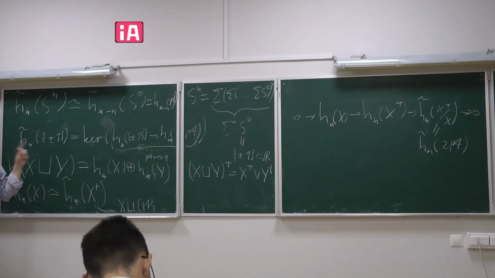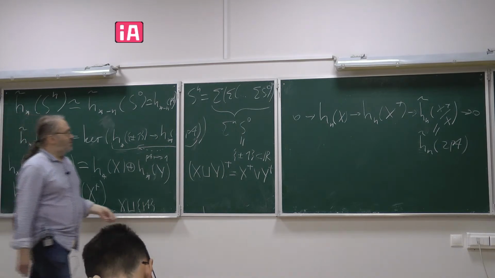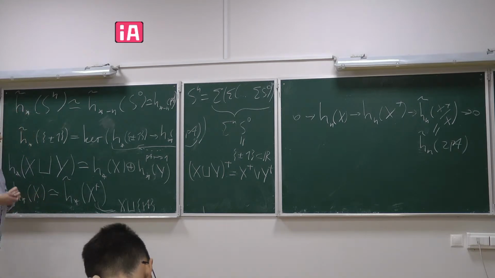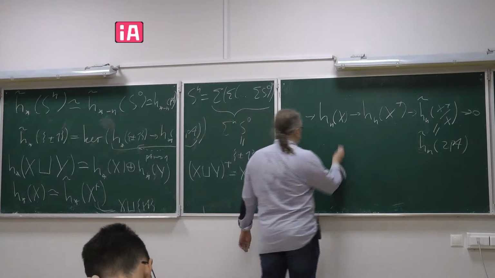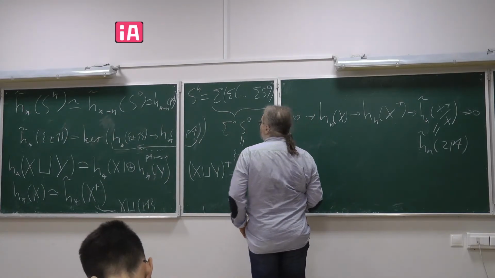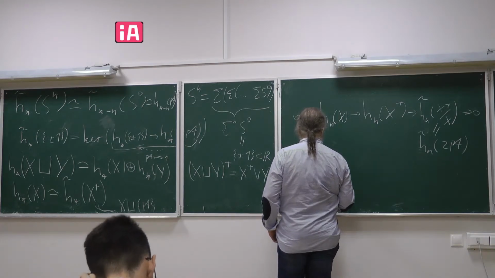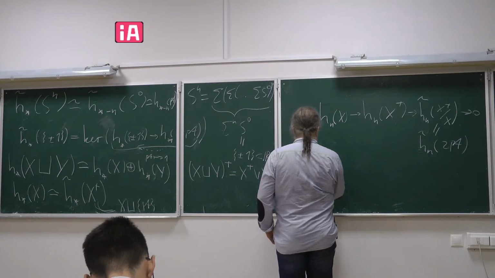And if we're able to do this, we have this isomorphism for arbitrary X and Y, CW complexes, and we also have this isomorphism.